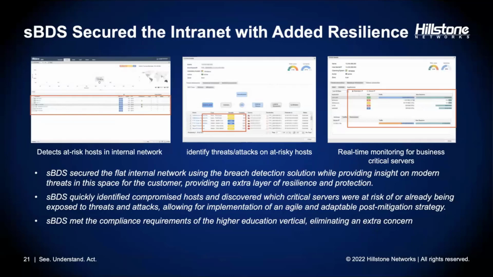Additionally, having this visibility and knowledge at the disposal of the security team meant it could implement an agile and adaptable post-mitigation strategy. As stricter compliance requirements were enacted within the higher education vertical, the SBDS remained resilient, being able to seamlessly integrate those requirements, giving the security team one less thing to worry about.